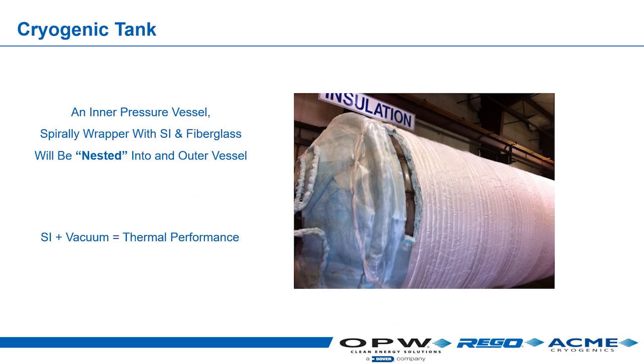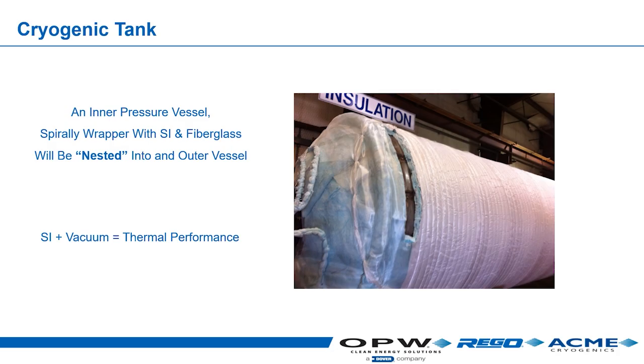So here's an actual picture of a big nitrogen or hydrogen trailer. That's the inner vessel, and they've used super insulation to wrap that inner vessel. That and the vacuum would be the two things in the annular space that would help create that barrier to try and keep the radiation heat transfer out and try to keep the cold liquid that's inside as cold as possible.